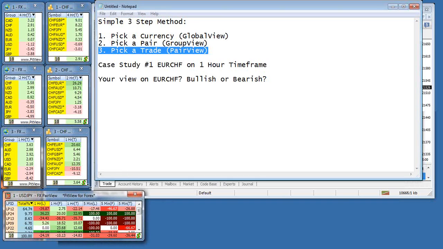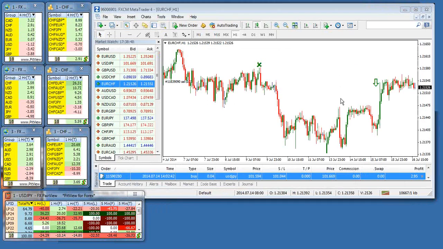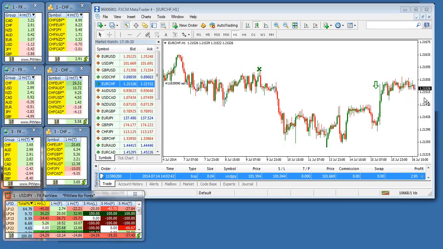Once I get done with these two things, I've pretty much already pulled up a chart at this point, when I've picked the currency and a pair that I might be interested in that day. From there I'd be pulling up a chart, and that's our next step, and say, well, based on this information, maybe, just maybe, I might want to take a closer look at the Euro-Swiss pair.